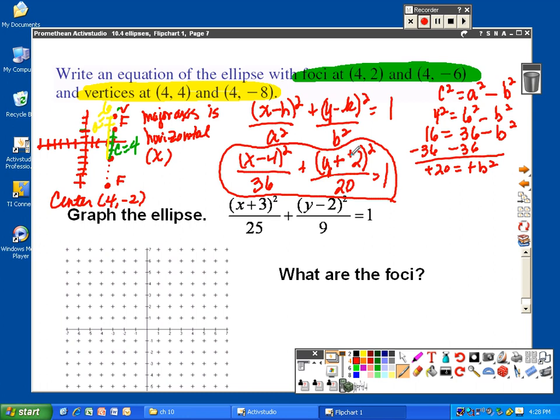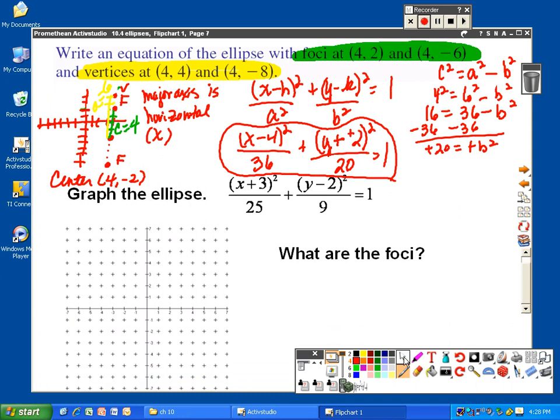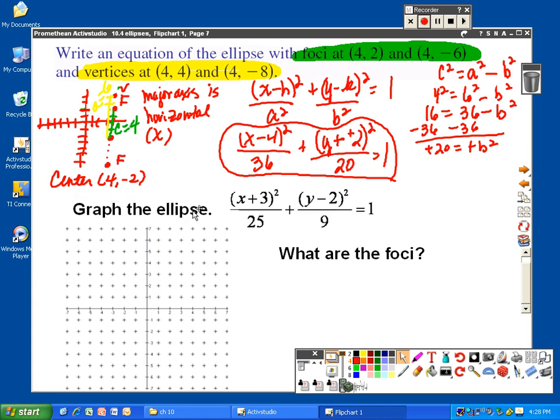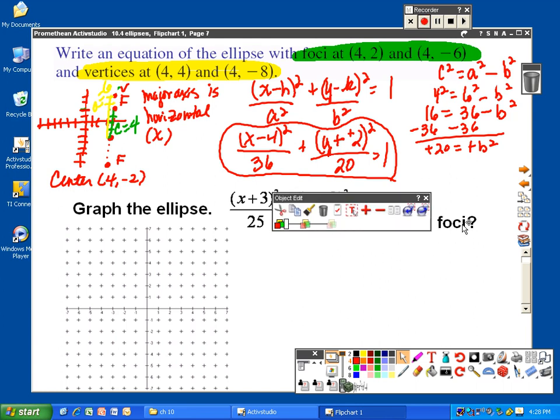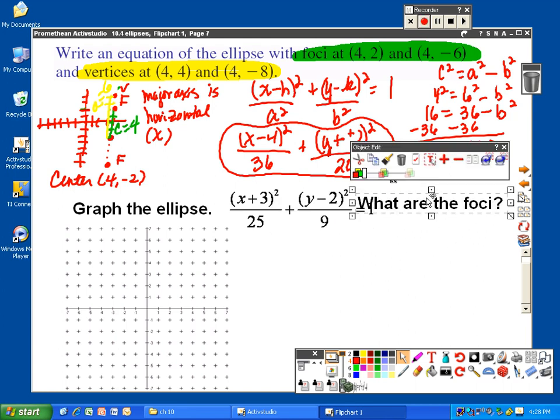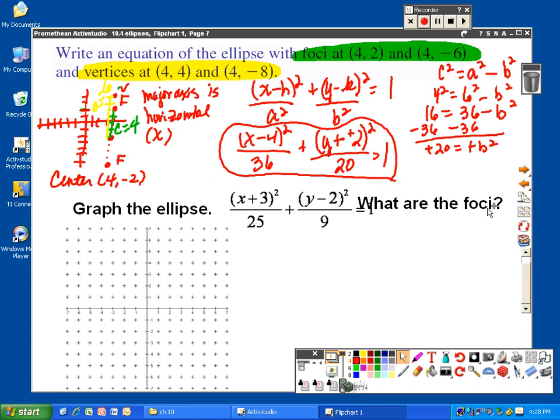Okay. Now let's try graphing one, and then you can go back to work and work on adding those in there. Graphing it and finding the foci. Okay. So first let's find our center.